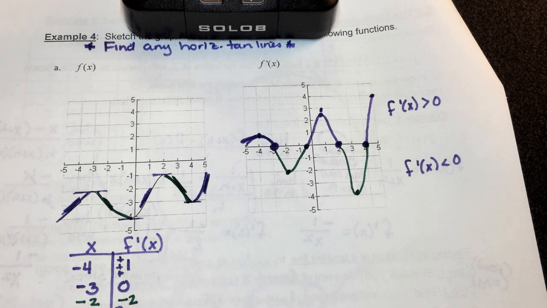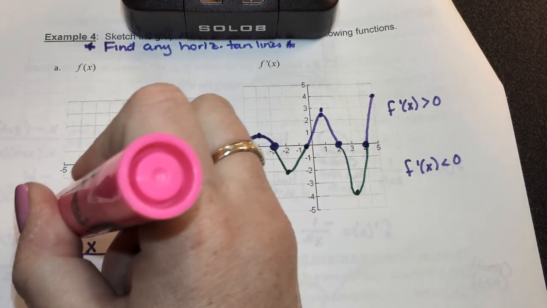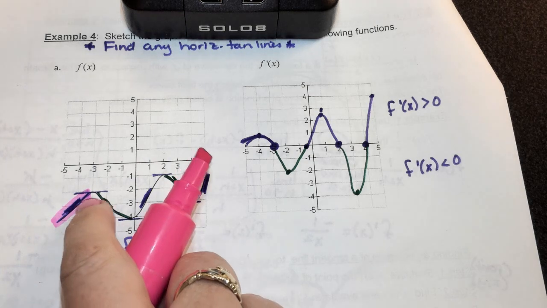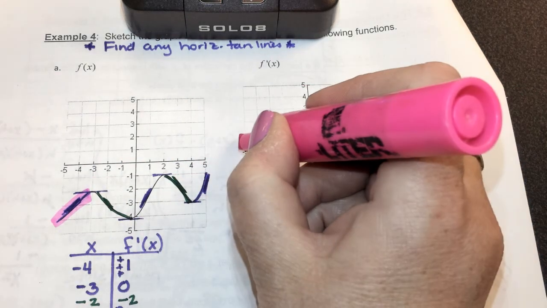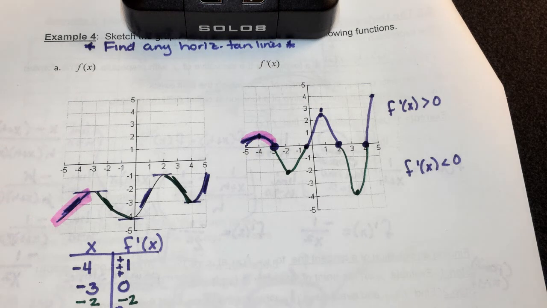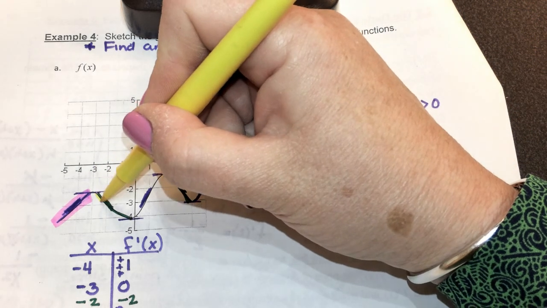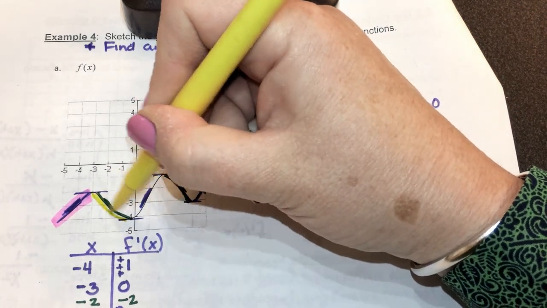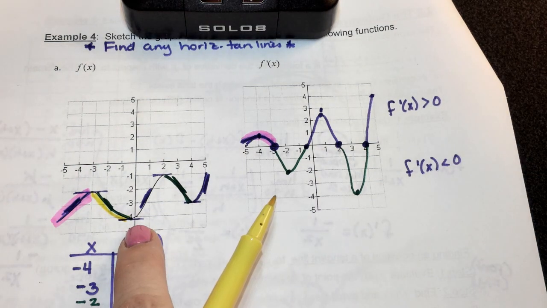So again, let me just highlight some things for you. On your original curve f of x, if you have a positive slope, the graph of the derivative is above the x-axis. Yes, Emma? Let me finish this and I'll get it for you. If you have the interval where f of x is decreasing, you have negative slopes.